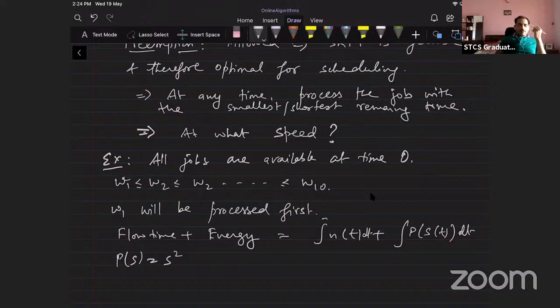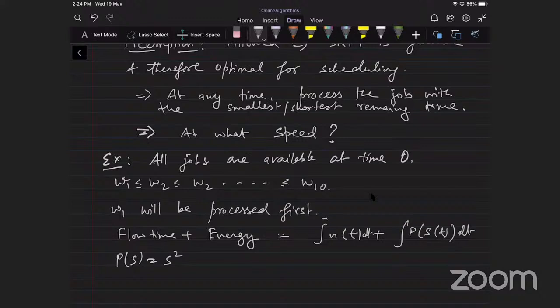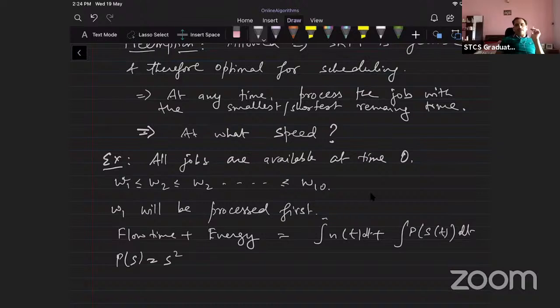Will it matter what these values of W1 through W10 are? No, shouldn't matter. All right. So do you have a good justification for that? That tells you a lot. That is in fact correct. But that's not obvious, right?